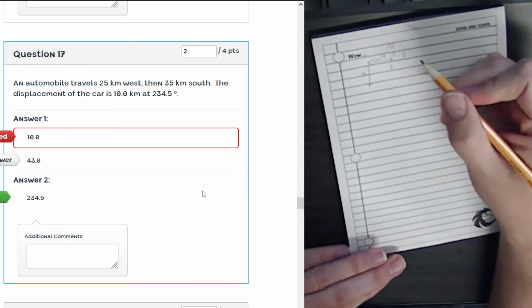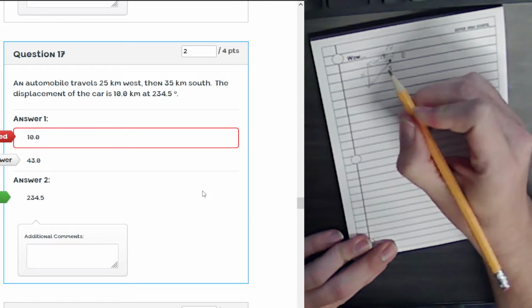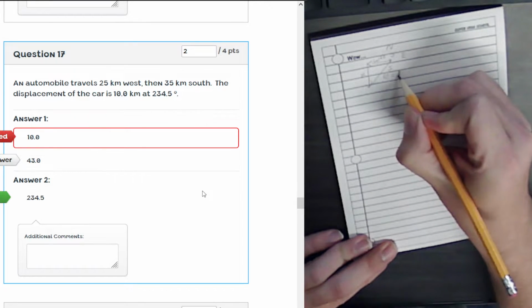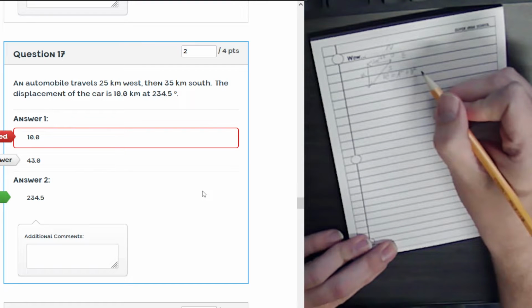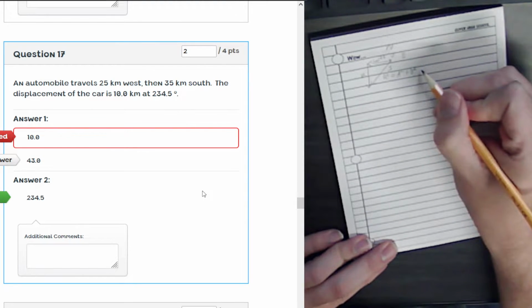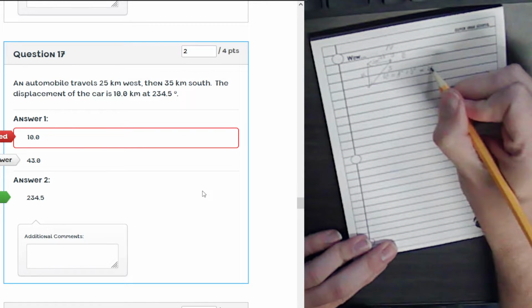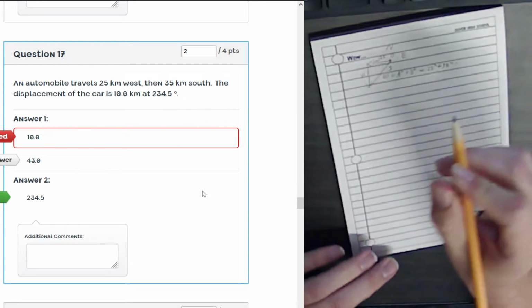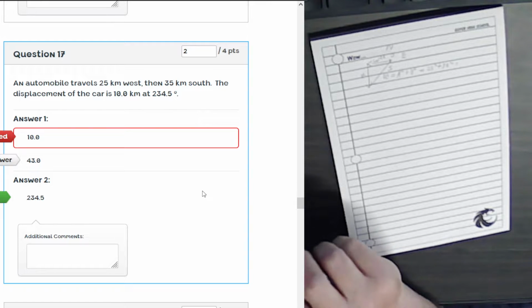And what is the displacement of the car? So displacement has a magnitude and a direction. So magnitude, we can use Pythagorean theorem, right? R squared equals a squared plus b squared. So we would do 25 squared plus 35 squared, and we'll get an answer. So don't forget your square roots. So do 25 squared plus 35 squared.